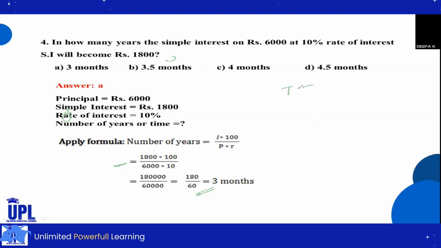The principal amount given is 6,000, the rate of interest given is 10%, and one more thing is given: SI, the simple interest. So three values are given, and we have to calculate T. P will be there, SI will be there, and R will be there. Then we have to find the value of T. We know the formula: SI is equal to PTR divided by 100, right?